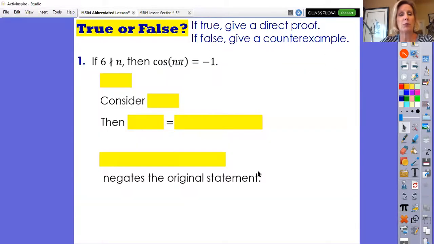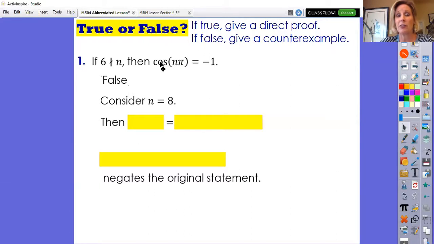So if we write it up a little more formally, we're saying the statement is false, so we need a counterexample. So I want you to consider that n is 8. Now, remember, if you want to negate an if-then statement, you choose an n value that satisfies the hypothesis but denies the conclusion.